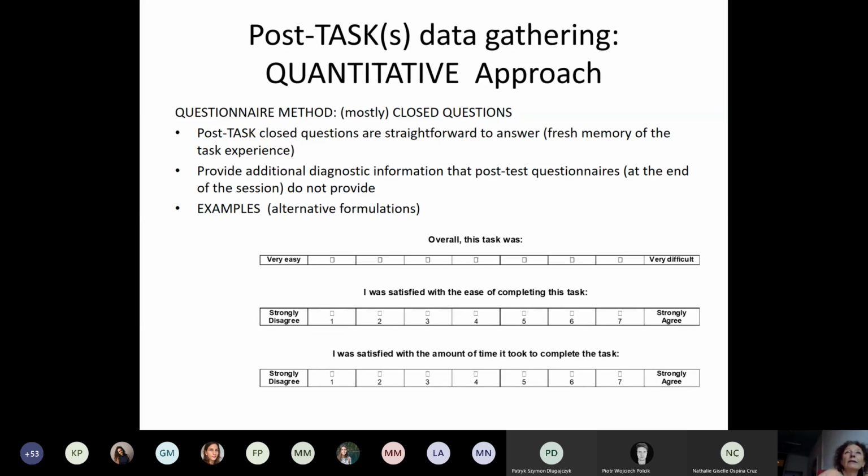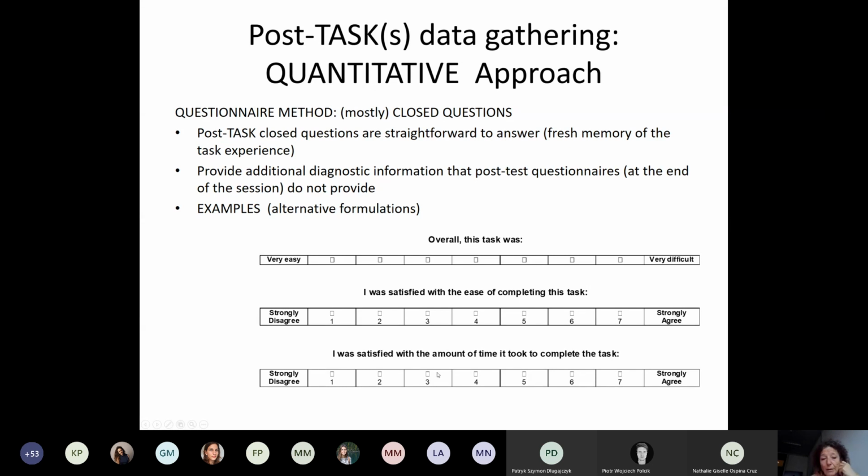Or you can collect everything at the end. If you collect the data task by task, that can become a bit tiring for the user. But the advantage is that the user has a fresh memory of the task. If you collect data at the end, it's more difficult to focus task by task because people may not remember what happened during one specific task. So there are pros and cons in both situations.